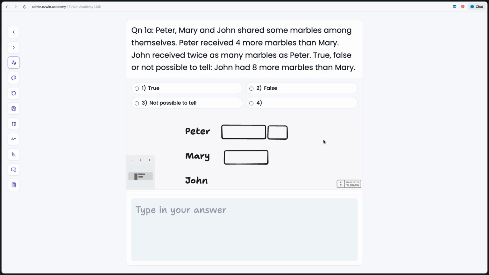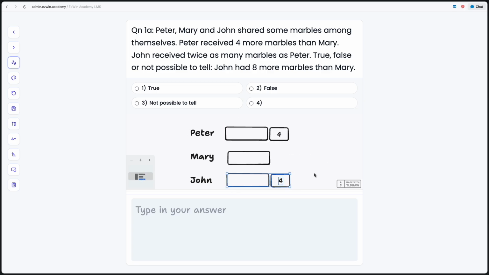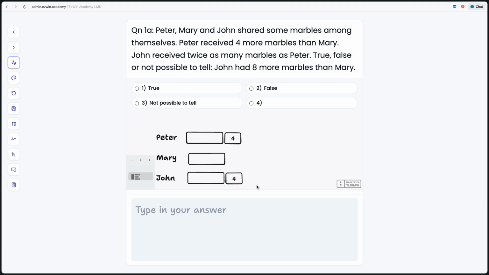Then John received twice as many marbles as Peter. So that means he is 2 times of this. Does this make sense that John has 8 more marbles than Mary?